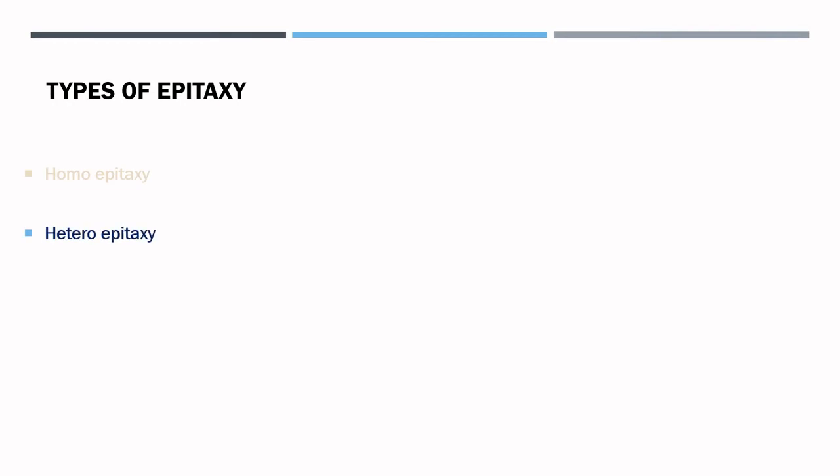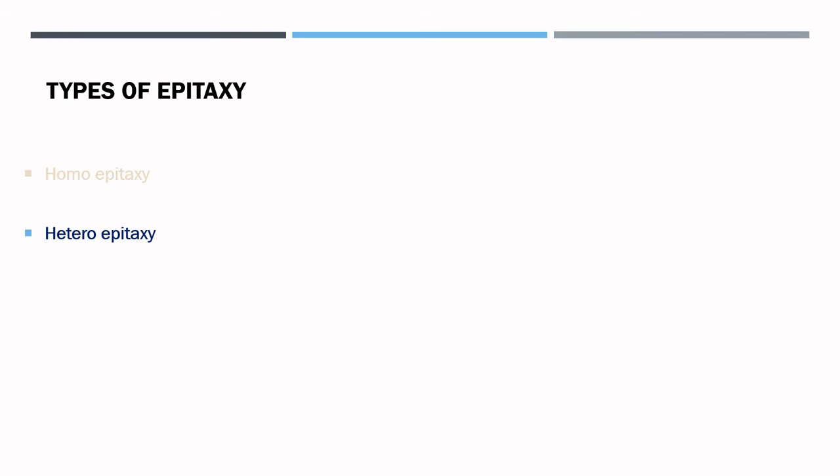When I say homoepitaxy, it means the same material is grown over the bulk crystal. If I have a silicon bulk crystal and I want to grow a silicon layer on top of that, it is possible, right? It may have a different doping concentration or a different resistivity, but the bulk crystalline material and the epitaxial layer material are the same.